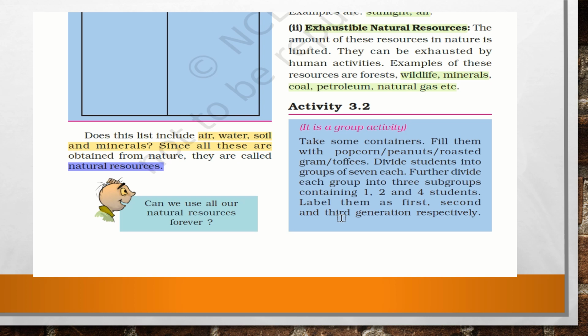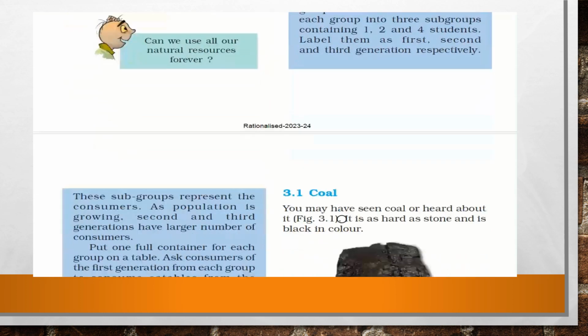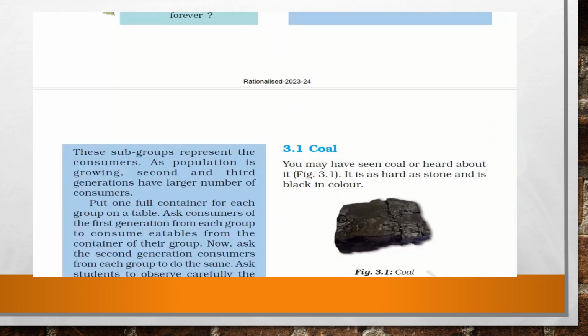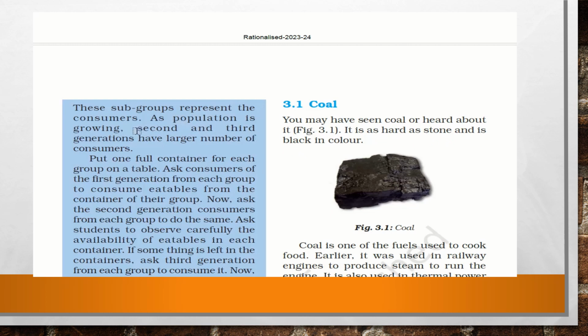Label them as first, second and third generation respectively, as you are dividing the peanuts and popcorn generation after generation. These subgroups represent the consumers, and as the population grows, the second and third generations have a larger number of consumers.